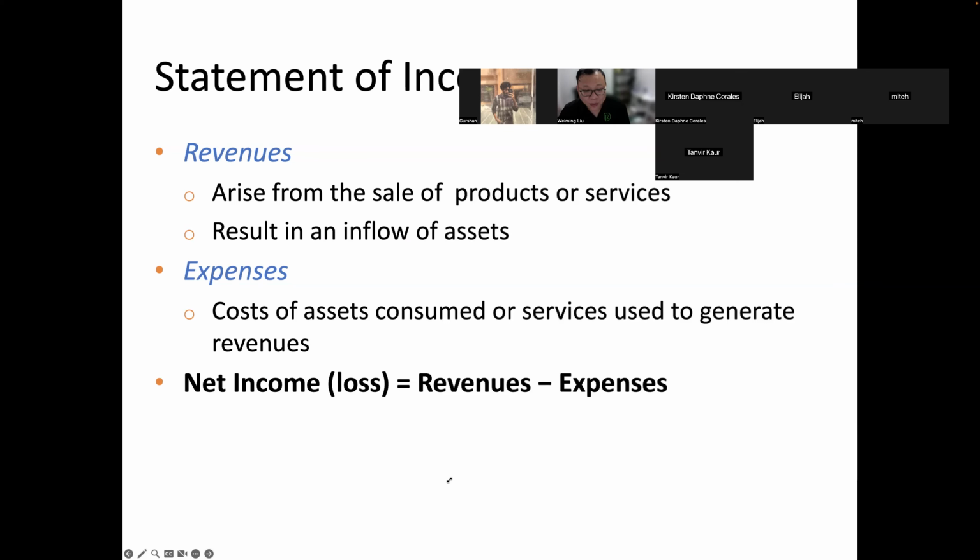Max, would you mind talking about which company you are working for and what their revenues and expenses are? Anyone want to talk about this?